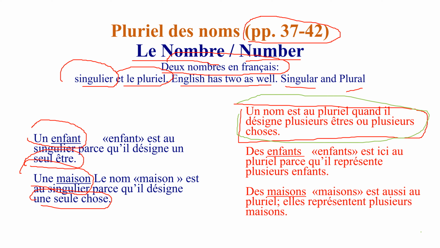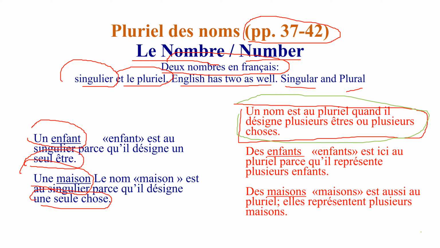Noix also, and le nez also. Now, the plural remains the same. The only difference is, and we will explain that later, la becomes les. La noix becomes les noix. Le nez becomes les nez. Okay? But S, X, and Z do not change.